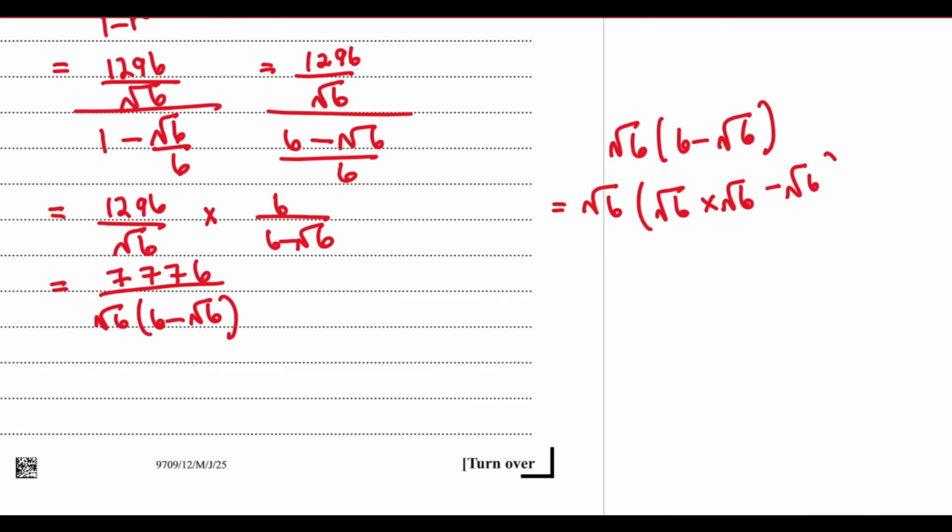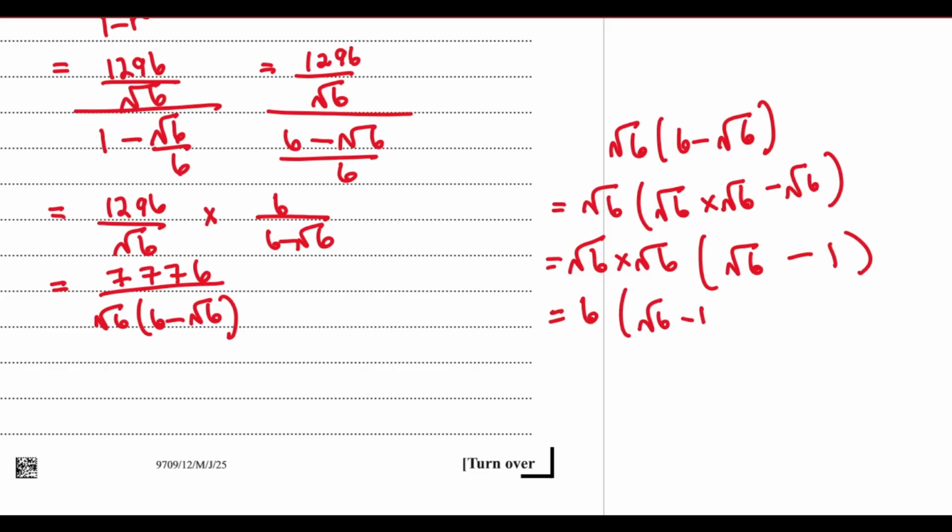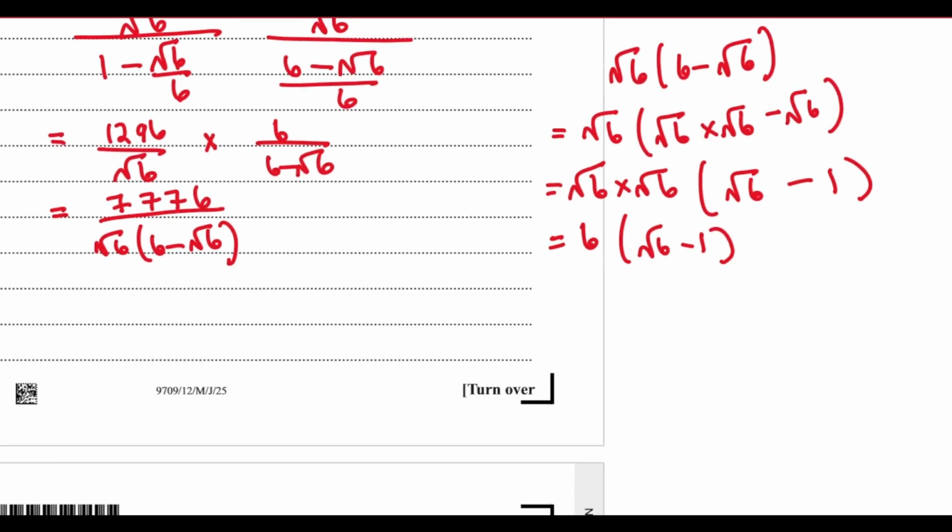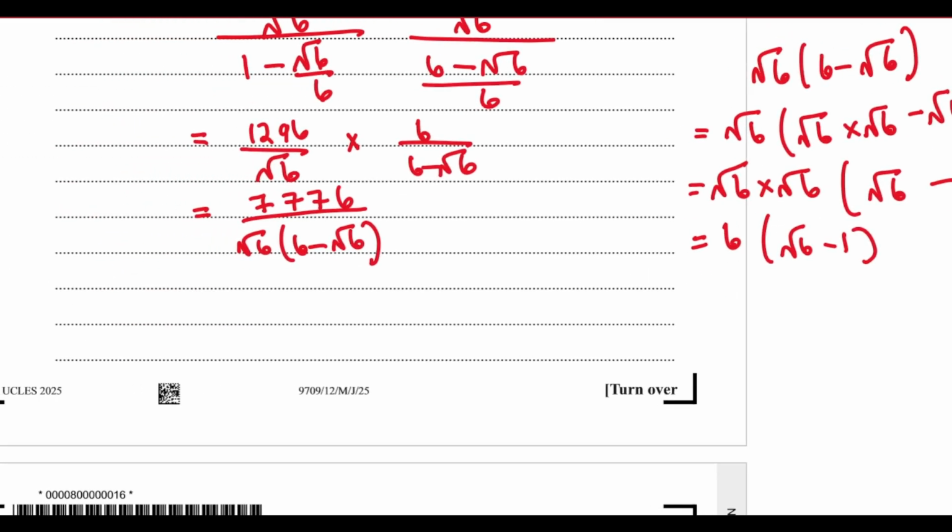Okay, I factor out the square root 6 there. I'll have that, and square root 6 times square root 6 is 6. Okay, there's probably more than one way to do that. So I have 7776 over 6 times (square root 6 minus 1).